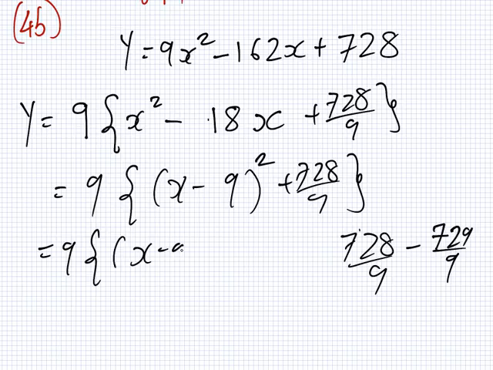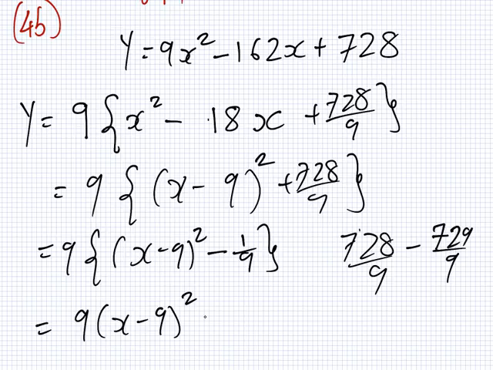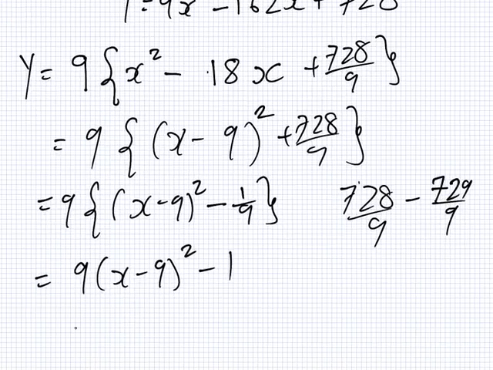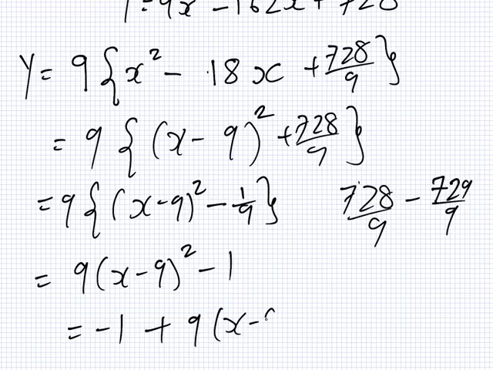x minus 9 squared minus 1 over 9. 9 times (x minus 9 squared) minus 1. Minus 1 plus 9 times (x minus 9 squared).